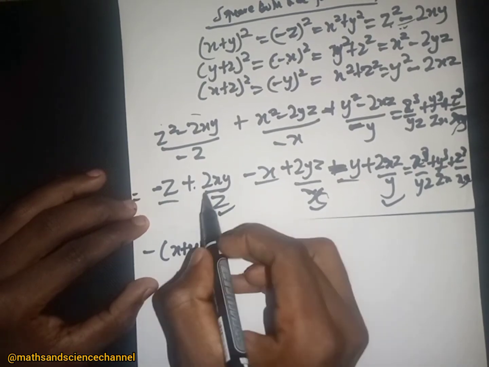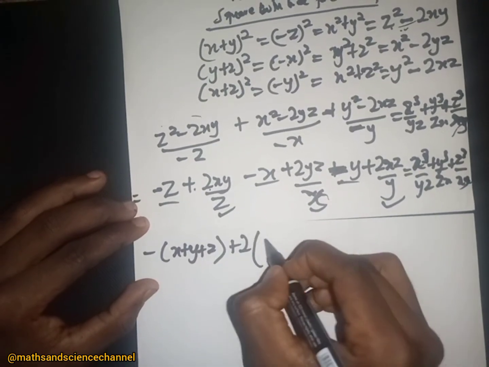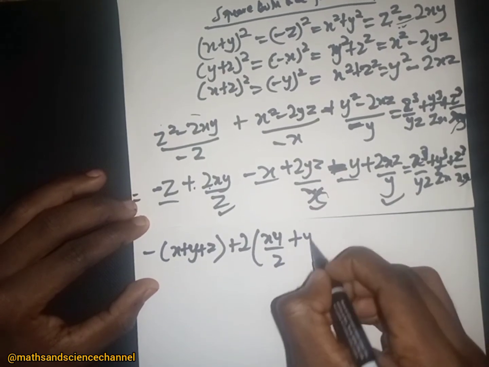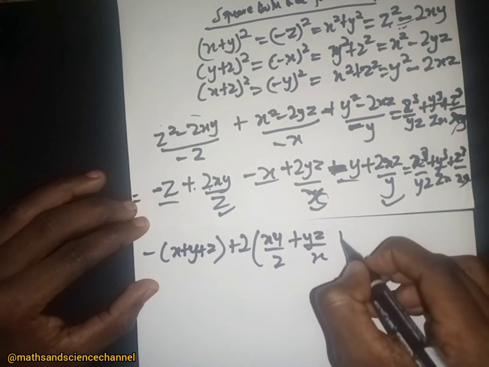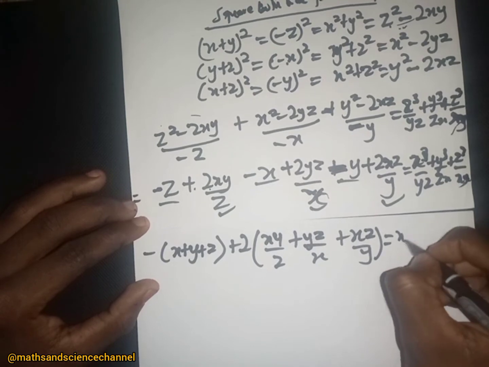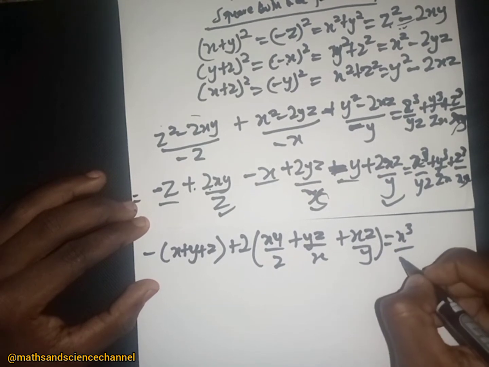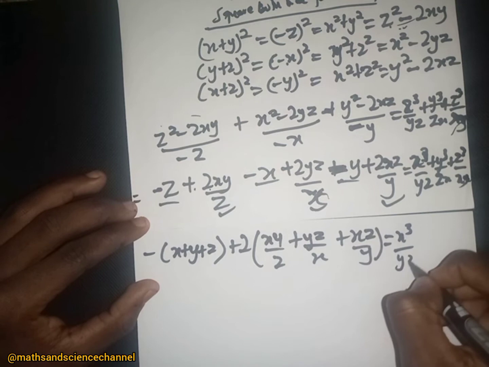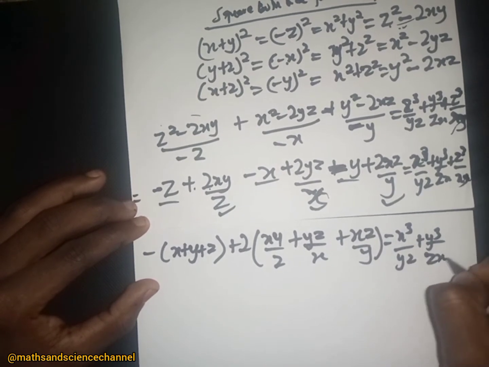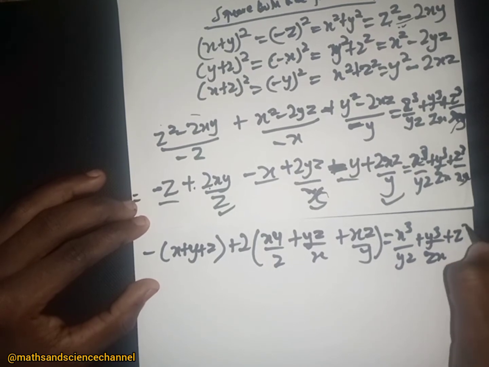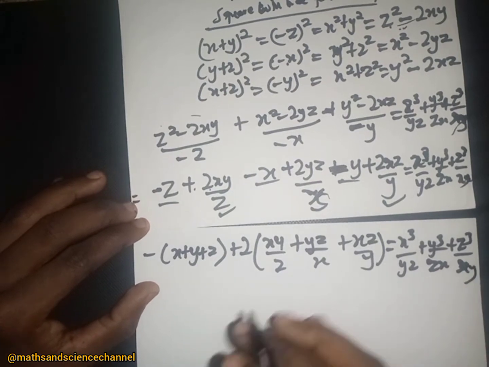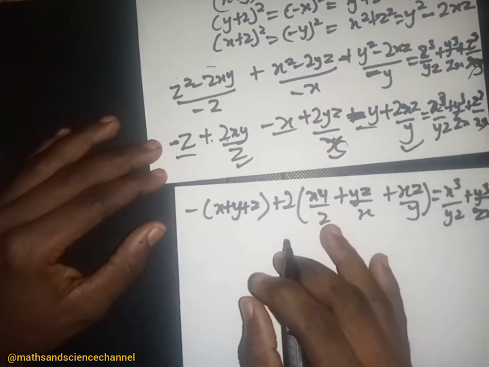So we can factorize 2 out, then we have xy divided by z, then yz divided by x, then also xz divided by y being equal to x cube divided by yz plus y cube divided by xz plus z cube divided by xy. All right, so this is what we have.